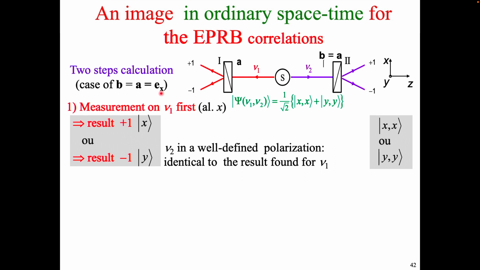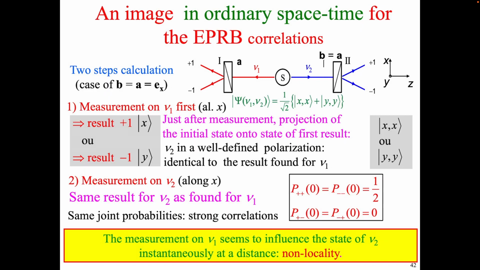And then the description using the projection postulate, etc. is the following. Here, until the last moment, I can have either plus or minus. But if I have plus, then instantaneously the photon on the other side adopts the same orientation. And if I have minus, then at the moment of the measurement, instantaneously the second photon adopts that. This is the image that I use for my intuition, okay?